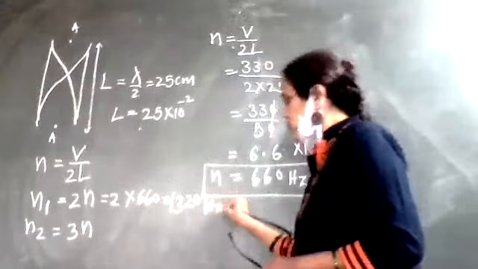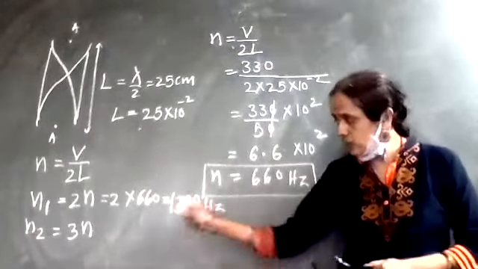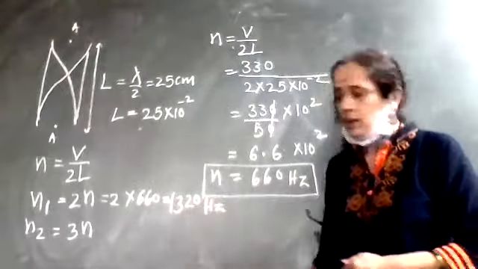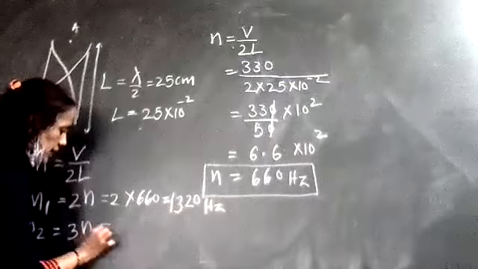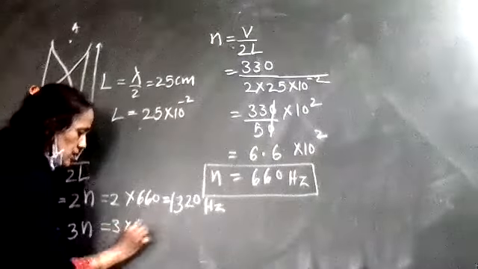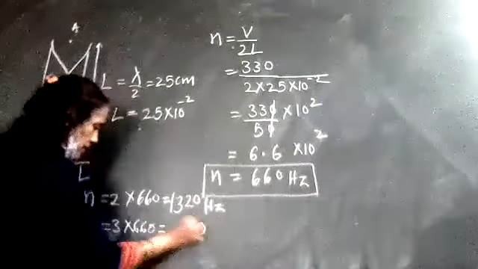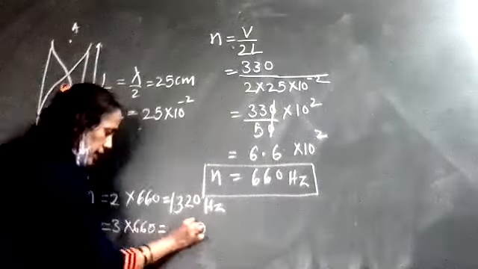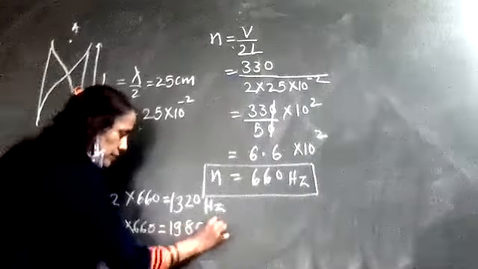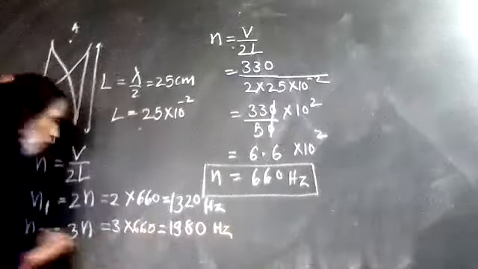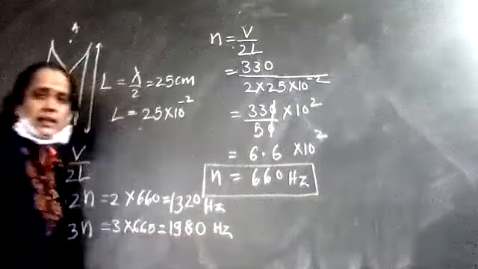So my first overtone frequency I am getting as 1320. Similarly, I can go for the second overtone frequency. My second overtone frequency is 3 into 660, so I multiply by 3: 3 into 6 is 18, 1 carry, 3 into 6 is 18 plus 1 is 19. So I am getting the second overtone frequency as 1980.